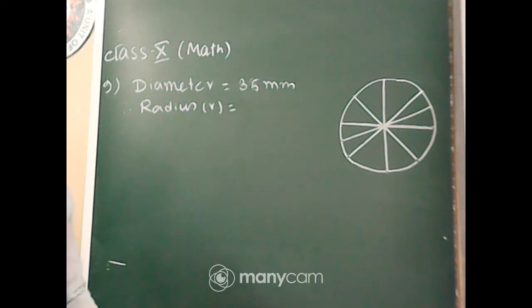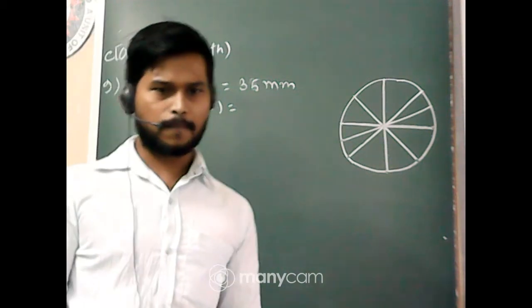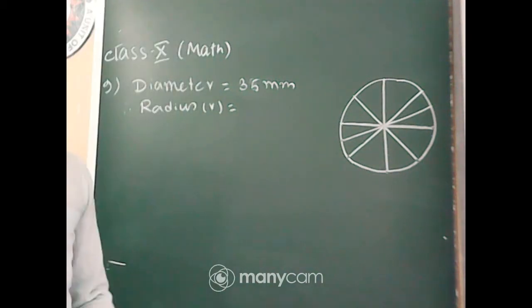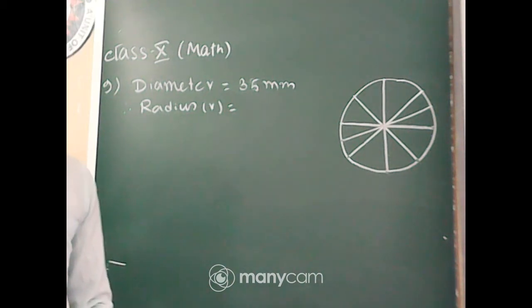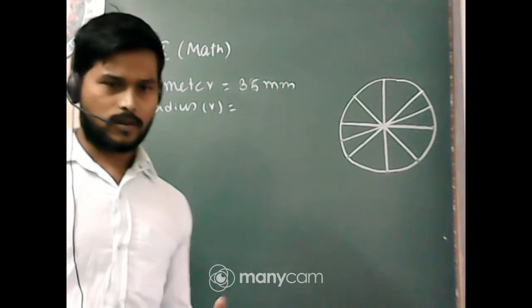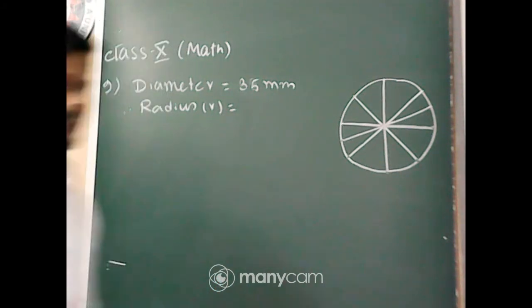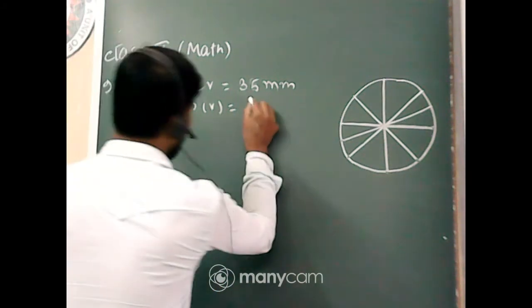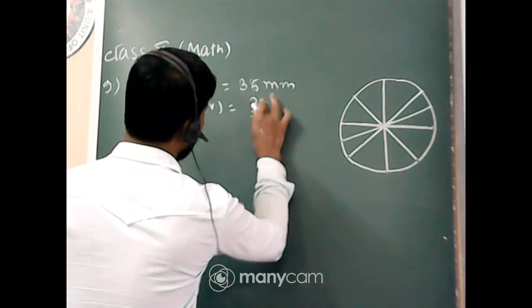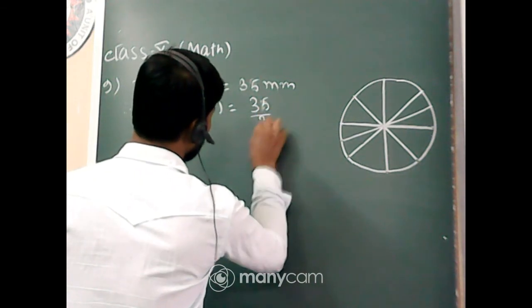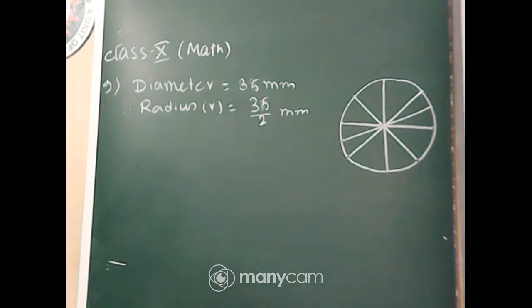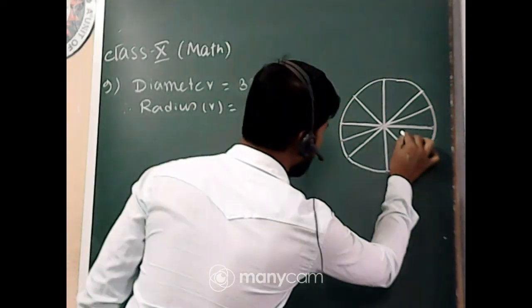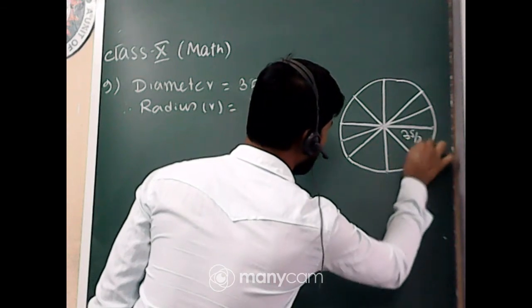If the diameter is given, how do we find the radius of any circle? We just have to divide the diameter by 2. Very good, Somadev. This is the radius of the circle, 35 by 2 millimeter.